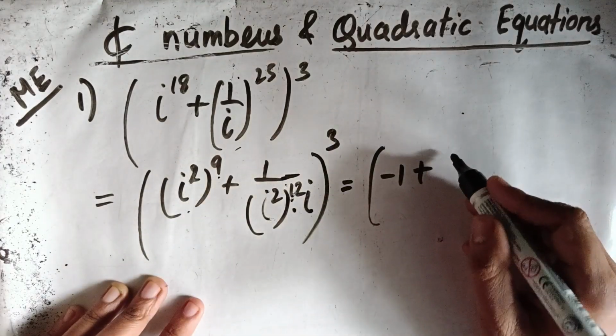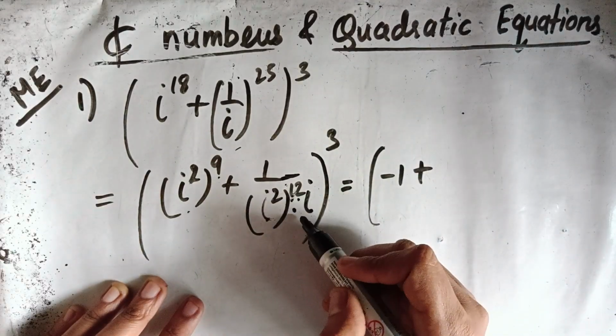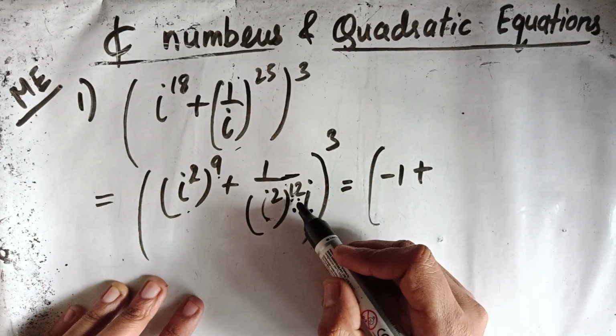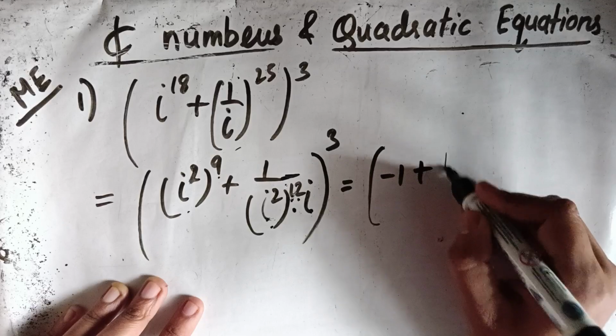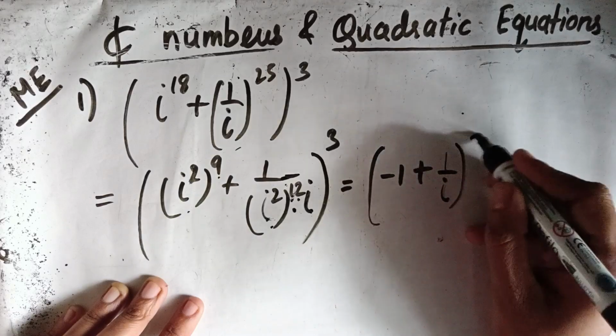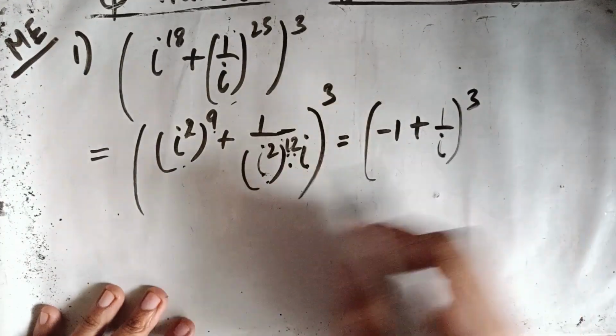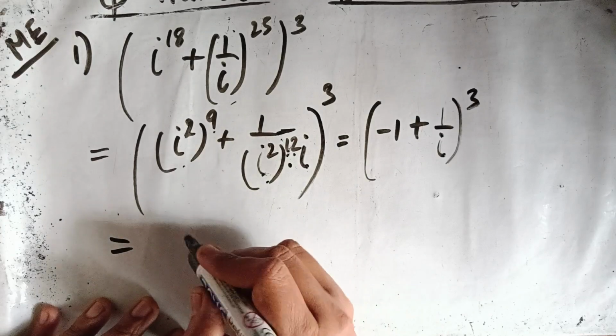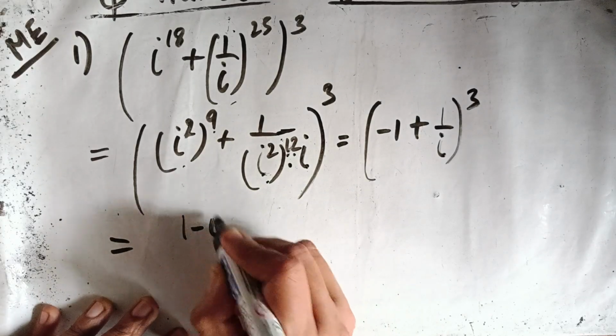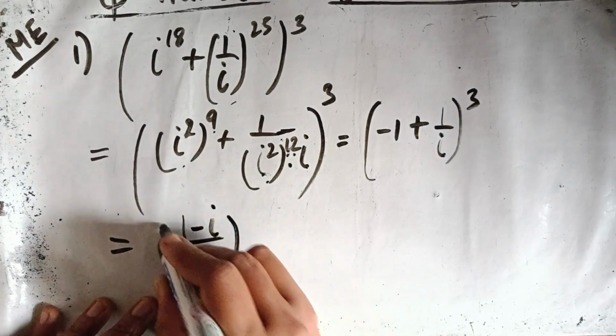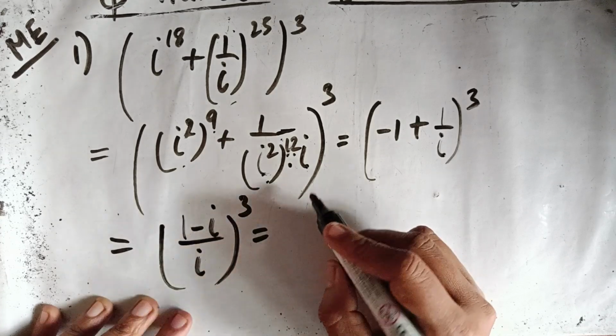I raised to 24 can be written as I square raised to 12. So this is minus 1 plus 1 plus I, 1 upon I. Okay. You can cross multiply here and you will get minus I, 1 minus I upon I, the whole cube. Okay.